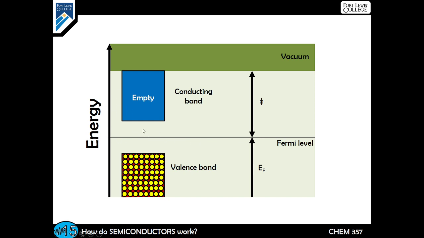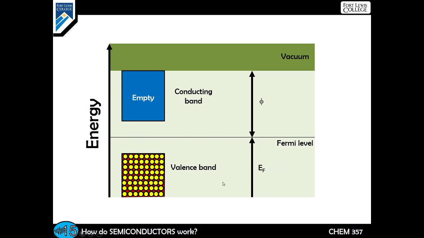But as you increase the temperature, your distribution can start to creep beyond it. So if your Fermi level in a semiconductor is here right below the conducting band, then you can start to populate your conducting band at lower temperatures, whereas if it's down here, that won't be the case. So you can still determine a Fermi level for a semiconductor based on sort of where your Fermi-Dirac distribution cuts off.